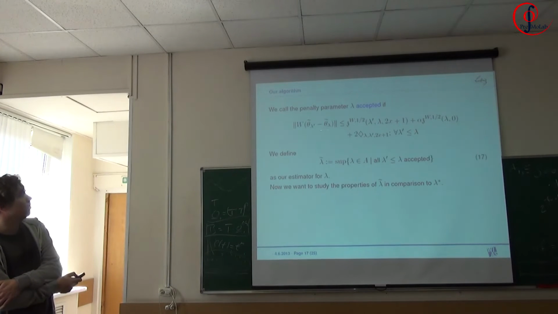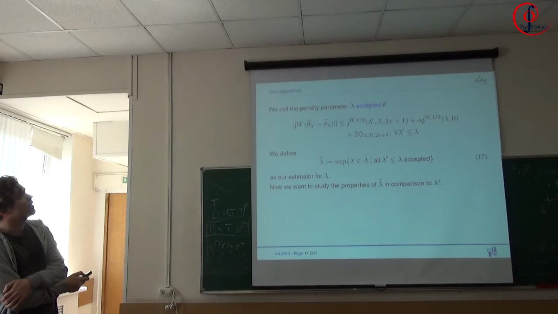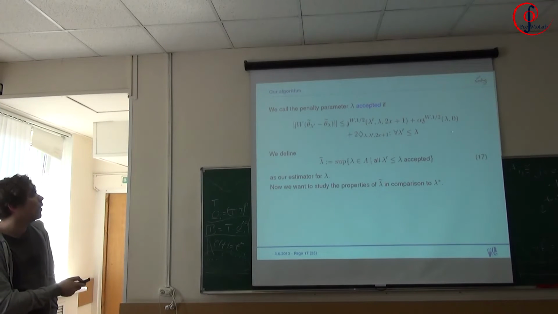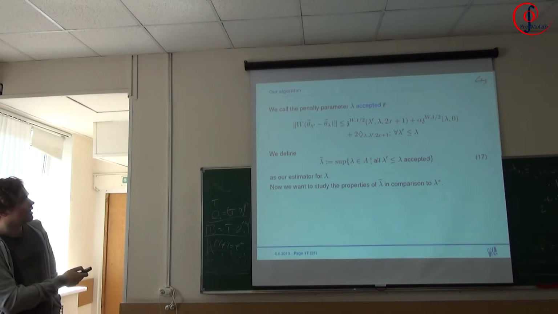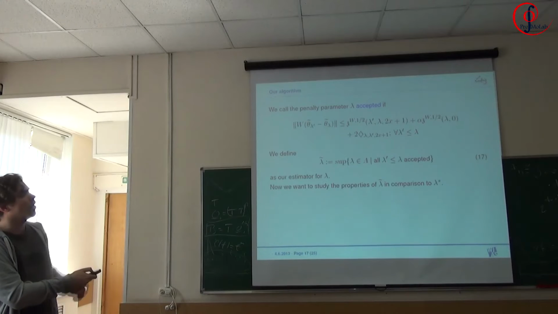And then the next step is that we want to choose our estimator now. We look at the differences of the MLEs in lambda prime and lambda, scaled by W, for all lambda prime smaller than some lambda, and we say that lambda is accepted if, for all lambda prime smaller than lambda, this object is bounded by the stochastic variation, which we saw in our confidence bands, plus what we could expect at maximum as bias if we are below the oracle.